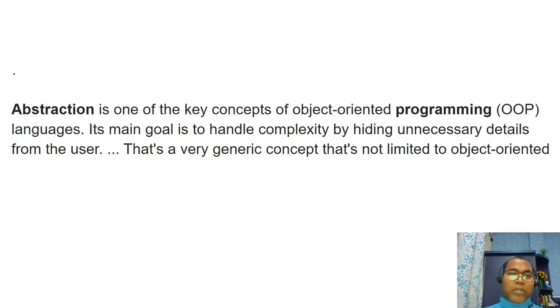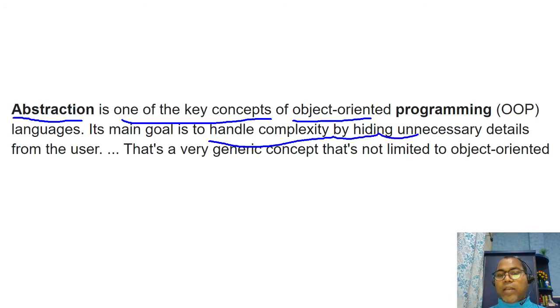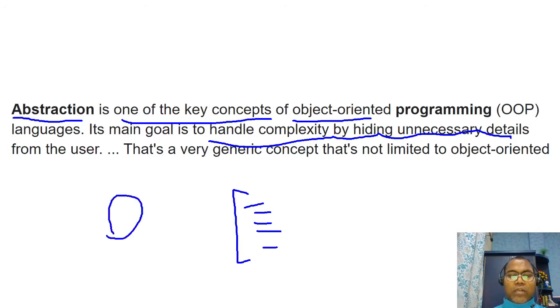If we talk about the next feature, abstraction, it is one of the key concepts of object oriented programming languages, and its main goal is to handle complexity by hiding unnecessary detail. What do I mean by that? One object may have lots of methods and behaviors, but the client using this object should know only the things they want, not the unnecessary parts.